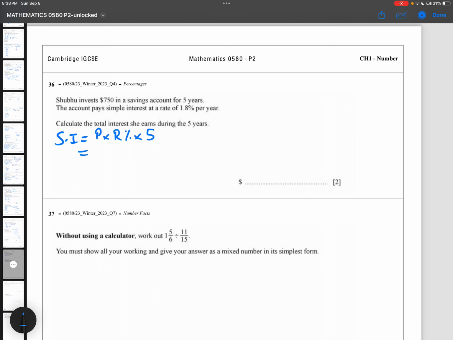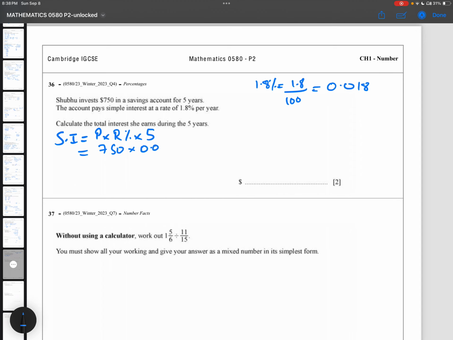It's the number of times the interest is taking place. So principal amount is $750. That's the initial money invested. R is 1.8. If we want to convert percent, remove percentage sign, we divide the quantity with 100. So it becomes 0.018.